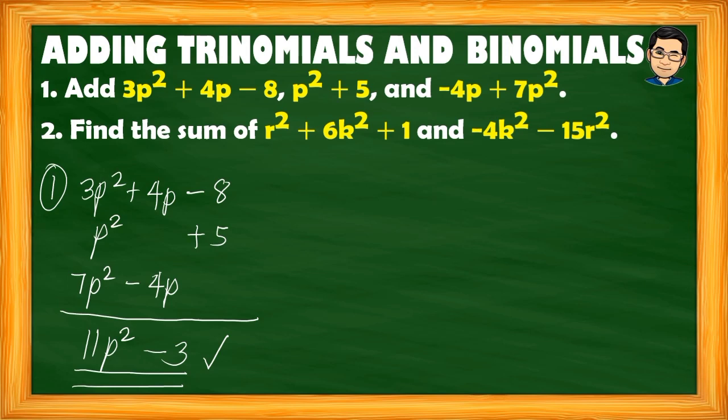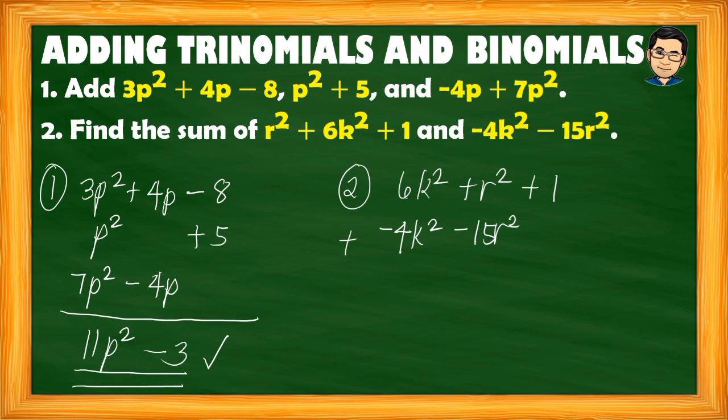Siyempre, yung K. So, susulat natin yung r squared plus 6k squared plus 1 as 6k squared plus r squared and then yung constant term na 1. Yung second naman, negative 4k squared, itatapat natin sa 6k squared. And then minus 15r squared.